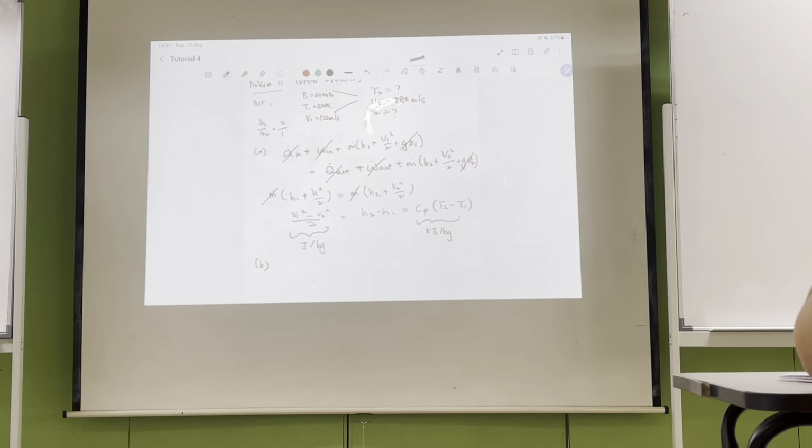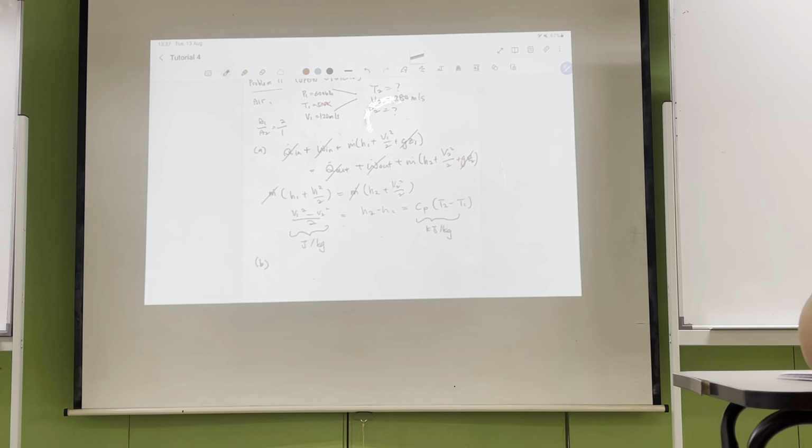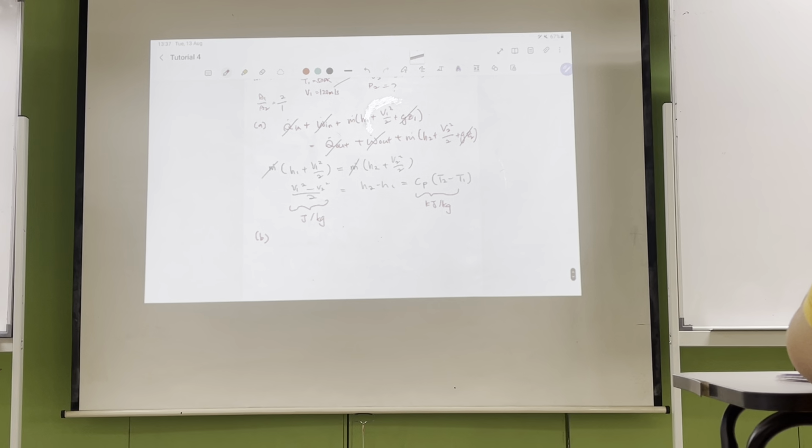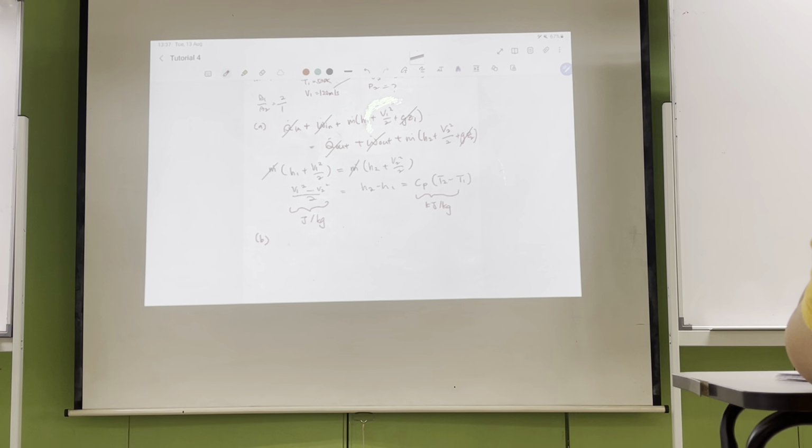Our volume is not constant because we are mostly dealing with compressible flow, because our specific volume always changes. So in our case, we always focus on volume, and our mass is always constant. So the one that you are more familiar with will be rho A V, right? That is the mass flow rate.